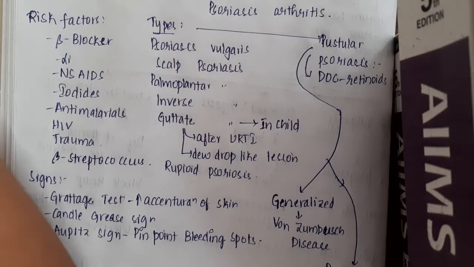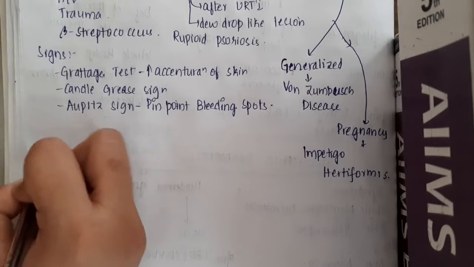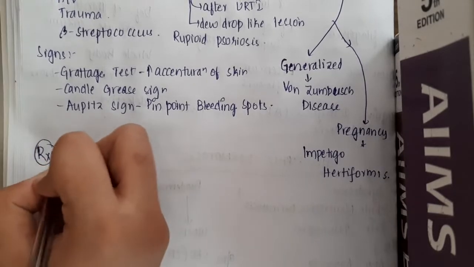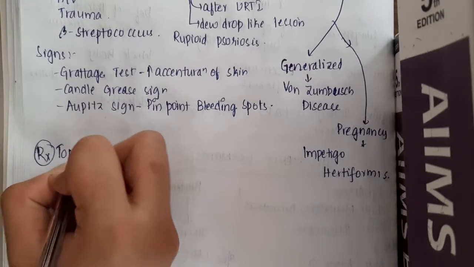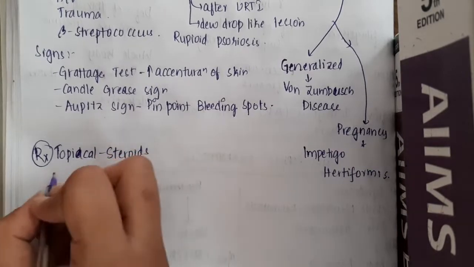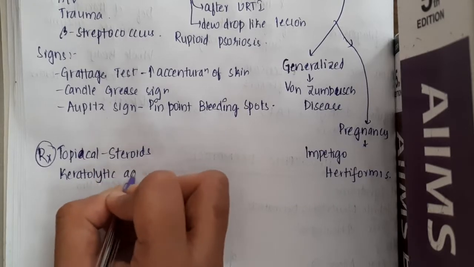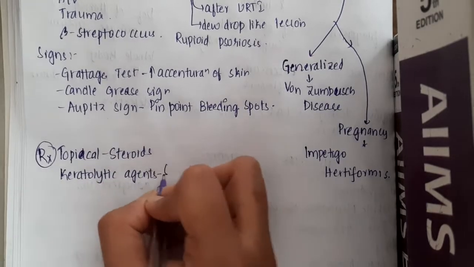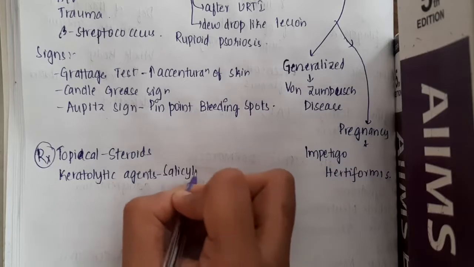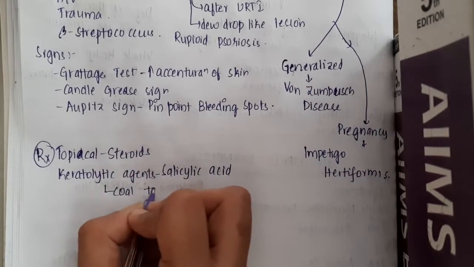In topical treatment, you can use steroids, then keratolytic agents like salicylic acid, coal tar.